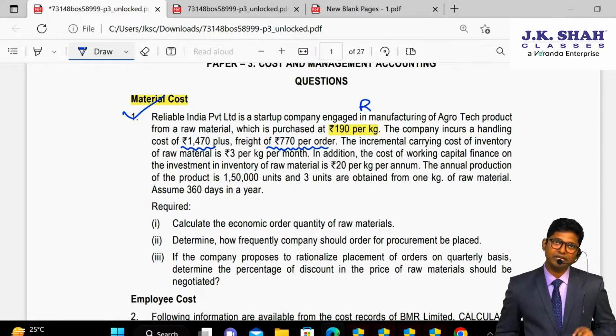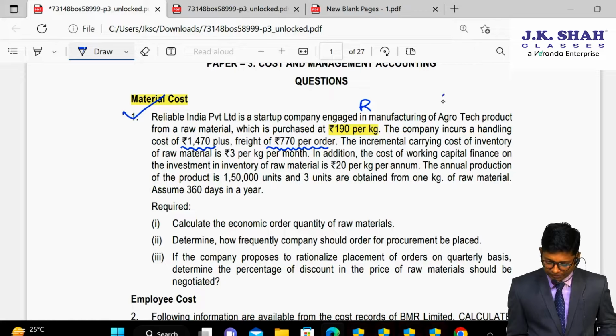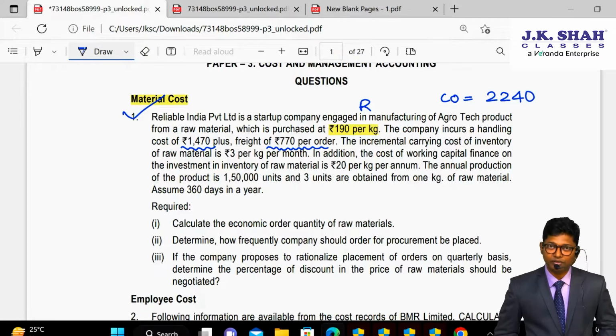Both these amounts are expressed on per order basis, and that is why they are to be considered as material ordering cost per order. When you add up both the values, that is 1470 plus 770, you are going to get total 2240 as your material ordering cost per order.